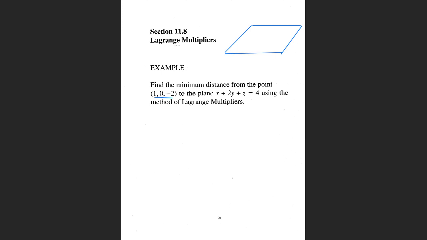That's right. If you plug the point 1, 0, negative 2 into the equation of the plane, the equation of the plane is not satisfied. So 1, 0, negative 2 is, say, out here.